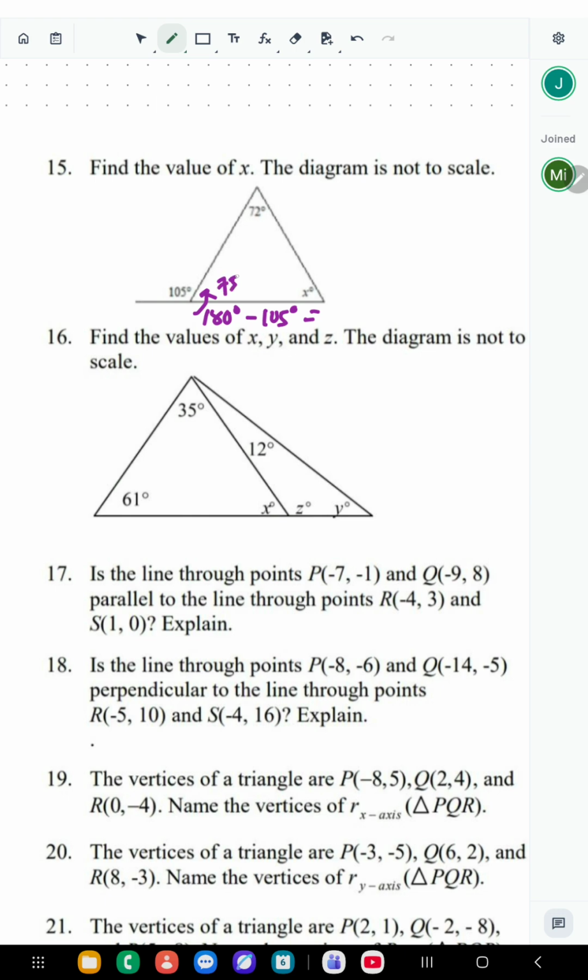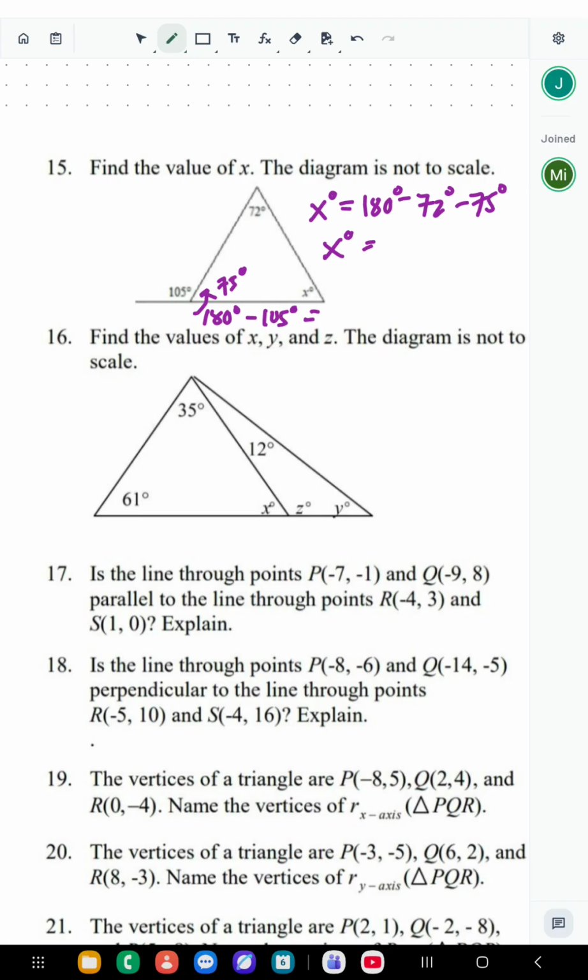So if this is 75 degrees and the sum of the measure of the angles in a triangle is 180 degrees, therefore x is just 180 degrees minus 72 minus 75. So what is that?